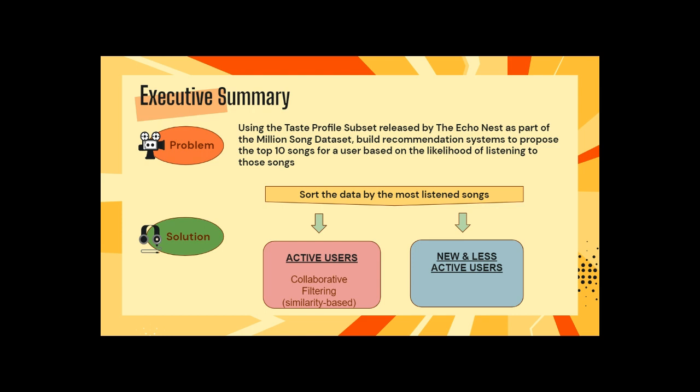Actually, there are two types of collaborative filtering: similarity or memory-based collaborative filtering and model-based collaborative filtering, which builds a model by using singular value decomposition, that is, by choosing a specific number of user features to make the data smaller but still representing the whole data set, and predicts what the user might listen to from the computed user features.